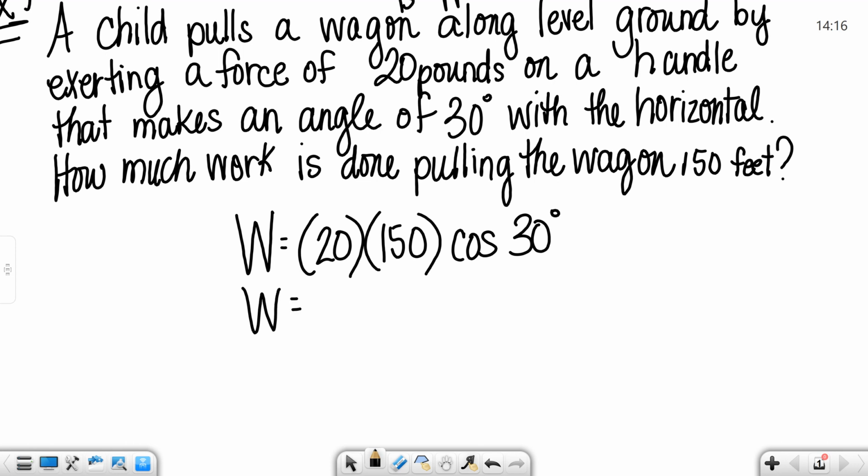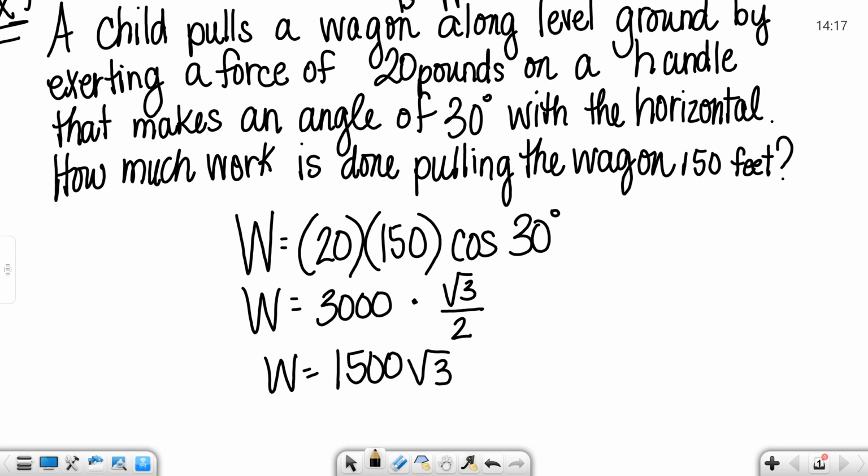All right, so I'm going to multiply 20 times 150. I get 3,000. Now I know that the cosine of 30 is the square root of 3 over 2. So I end up with 1,500 times the square root of 3. I think my math lab is going to want you to give a decimal answer, or it might say round to the nearest whole number.